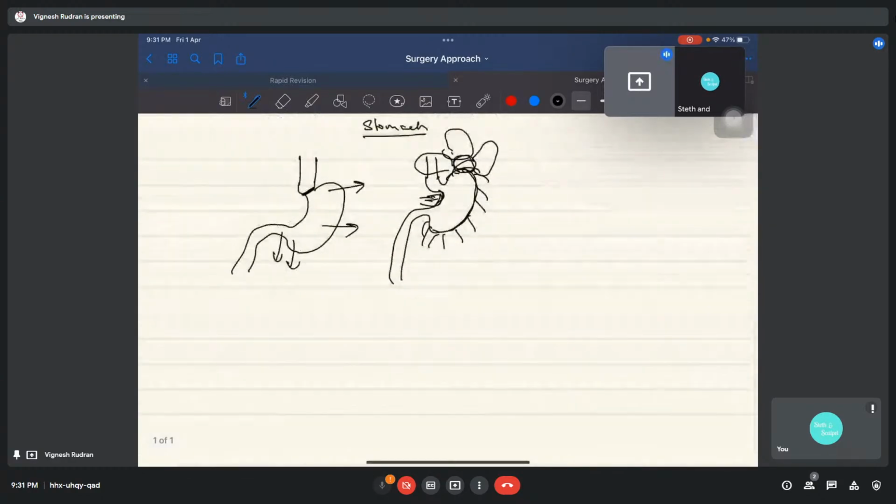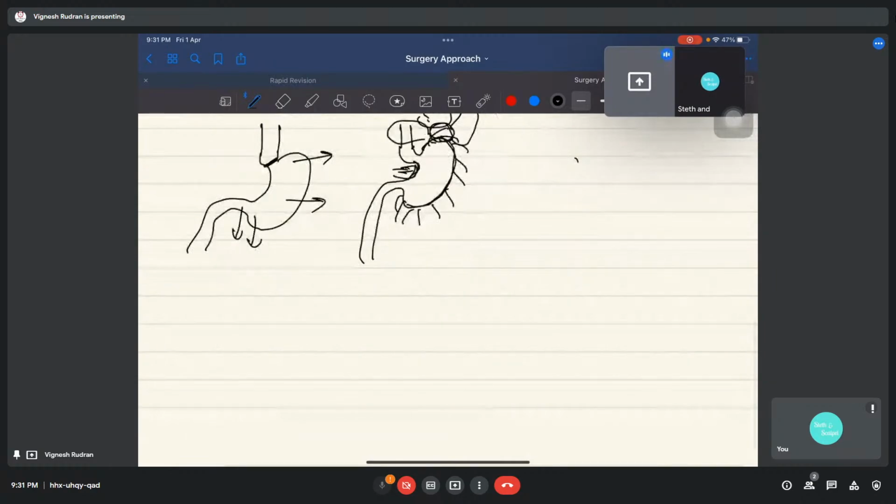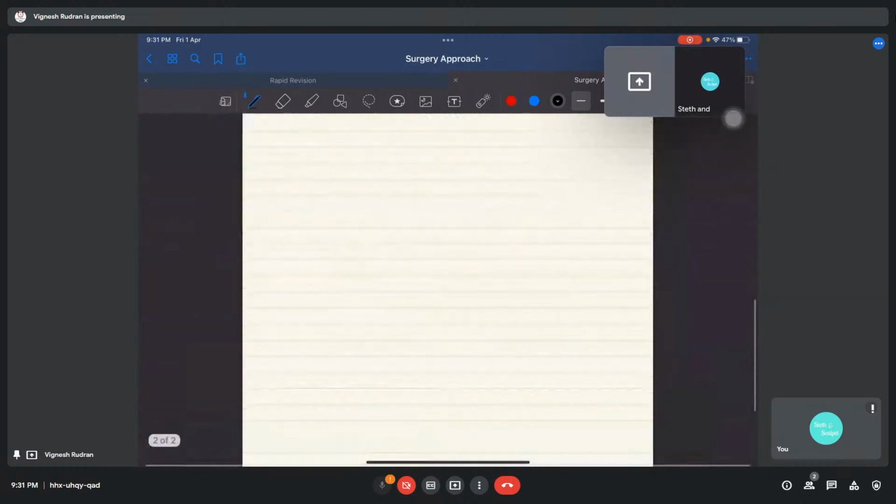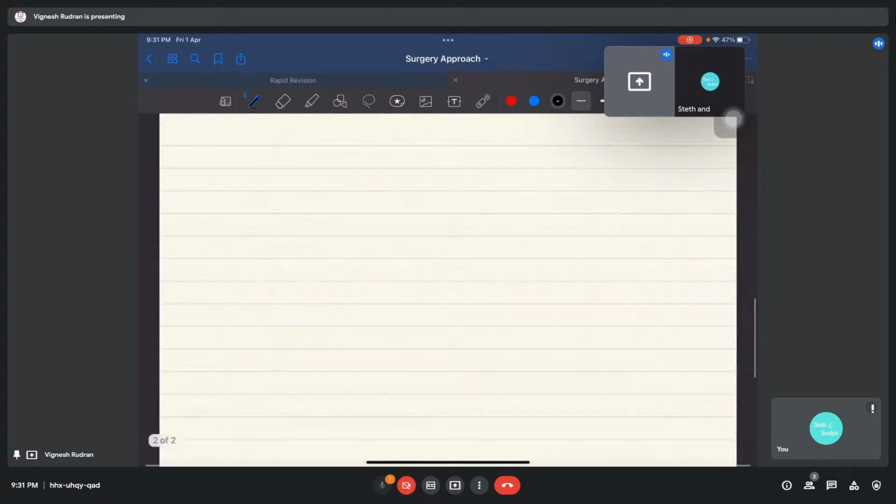Next is your blood supply. Blood supply is going to be from your celiac trunk. From your celiac trunk, you have the splenic artery like this, and then you have your common hepatic artery.